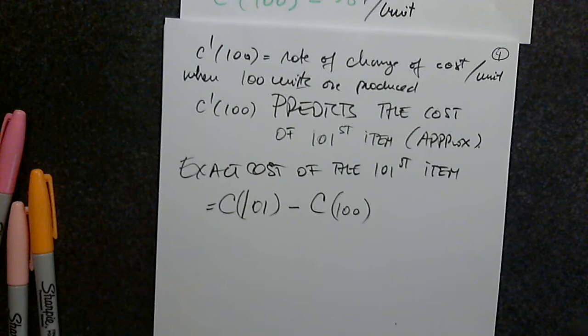This has nothing to do with the derivative. So the exact additional cost we pay to produce unit 101 is the difference between producing 101 and producing 100. When we subtract these two, the answer would be the exact cost of producing one more item.